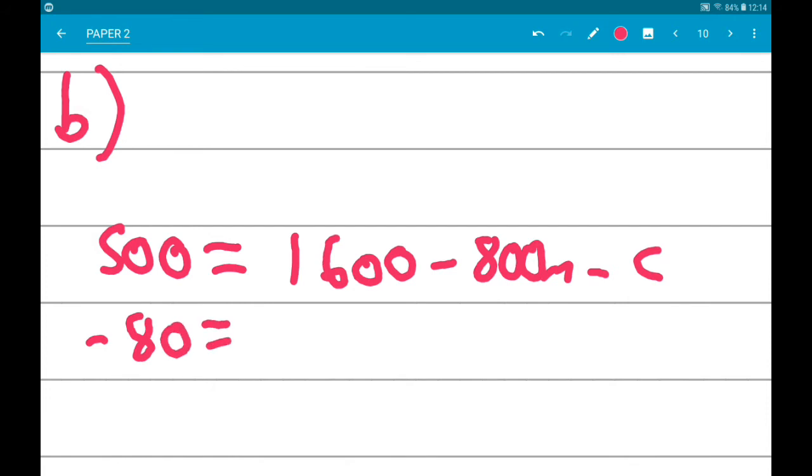Now that comes from selling 300 bars at £2 each, so 600, minus 300m minus c.